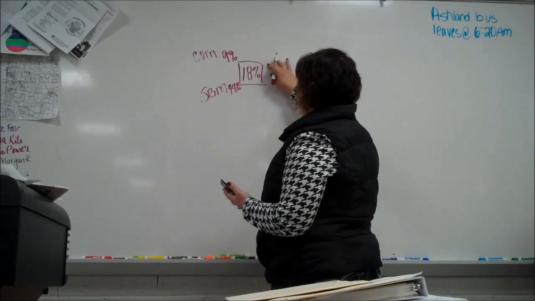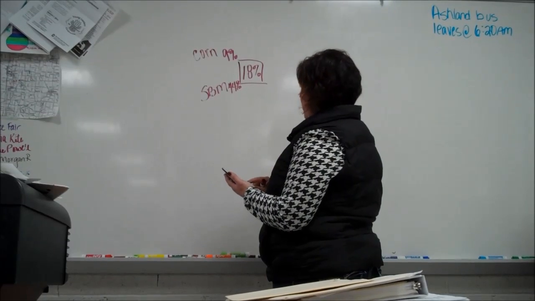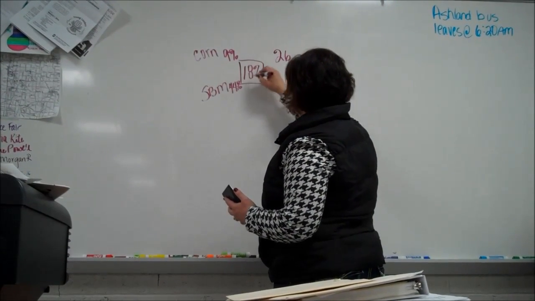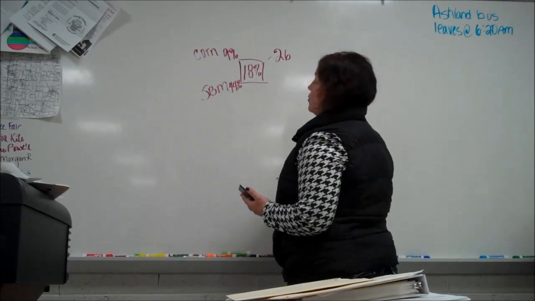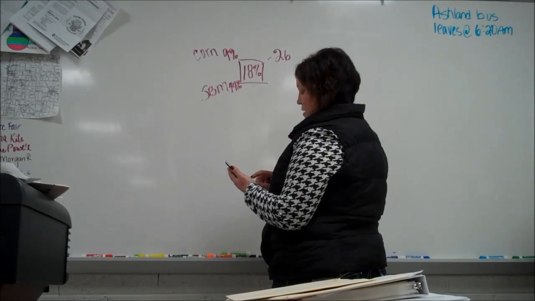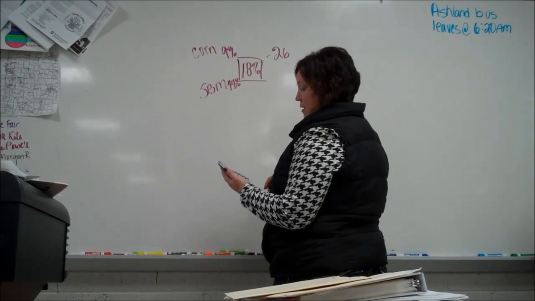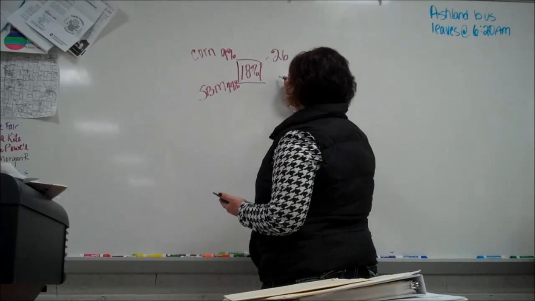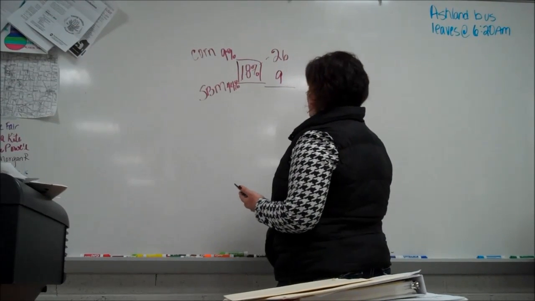So, to find our letter here, we're going to do 44 minus 18, we're going to get 26. Again, we just did a diagonal math. 9 minus 18 equals negative 9. Like I said earlier, you drop the negative and you use the 9.